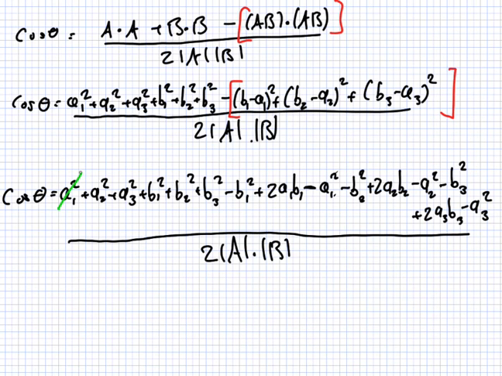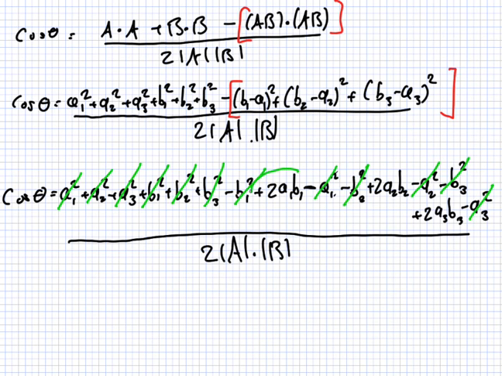So A1 squared goes with minus A1 squared, A2 squared goes with minus A2 squared, A3 squared goes with minus A3 squared, B1 squared goes with minus B1 squared, B2 squared with minus B2 squared, B3 squared with minus B3 squared.